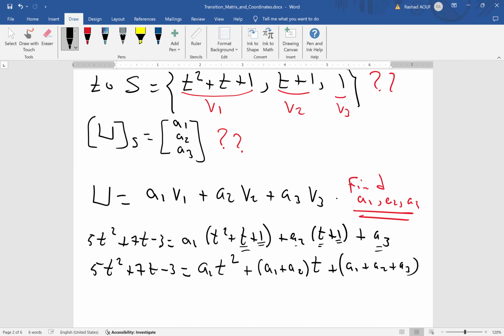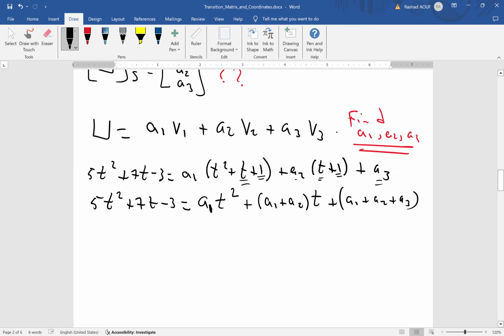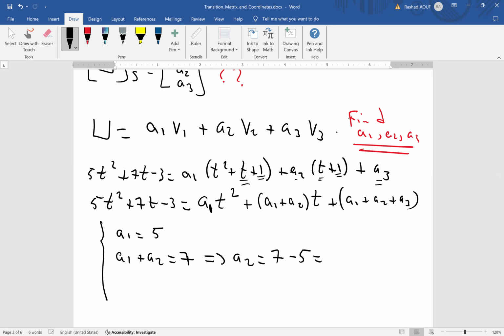What does it mean? It means a1 equal to 5. a1 plus a2 equal to 7, so a2 is 7 minus 5, which is 2.